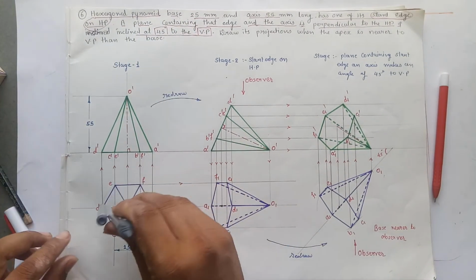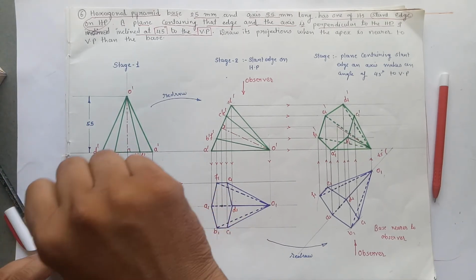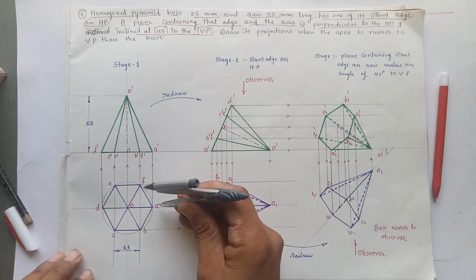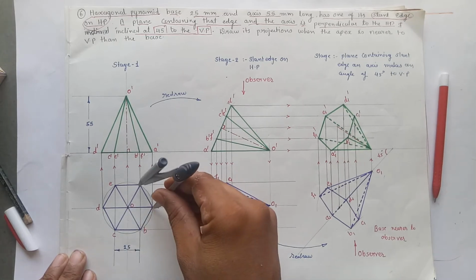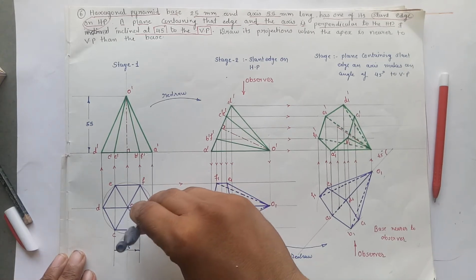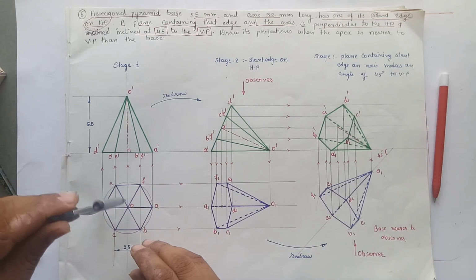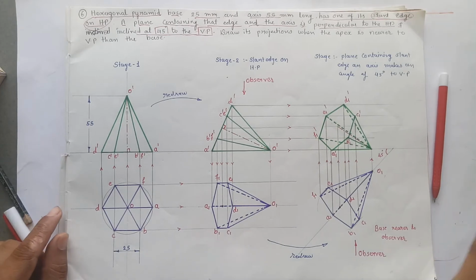For that we draw a circle having radius equal to 25 mm. Now we have to take the corner on the right hand side, so give an arc from this corner equal to the radius of the circle, F B, and from D give an arc, E and C. So mark A, B, C, D, that will be the base.